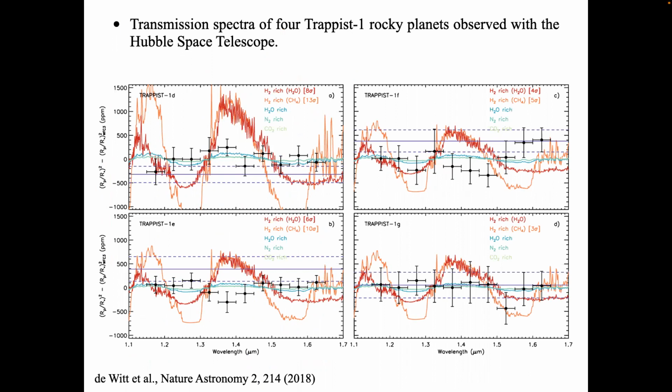So if the planet is very small, it's very hard to have an idea of the composition of the atmosphere of the planet. So this is what we can obtain with the instruments before the James Webb Space Telescope.